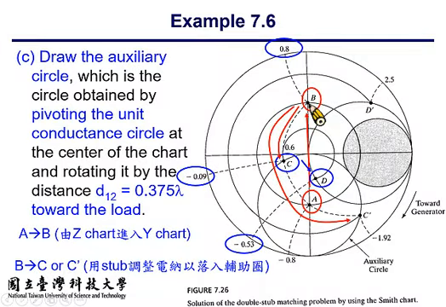So that is the admittance at the termination, at the load. In chapter 7.3 we work from left to right for double stub matching, but on the Smith chart it's more intuitive to work from the right to the left.